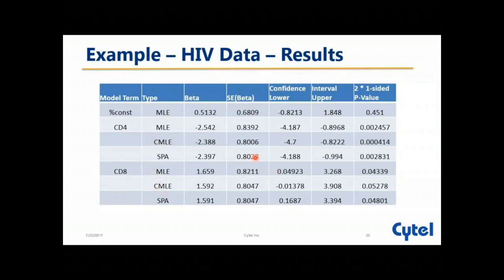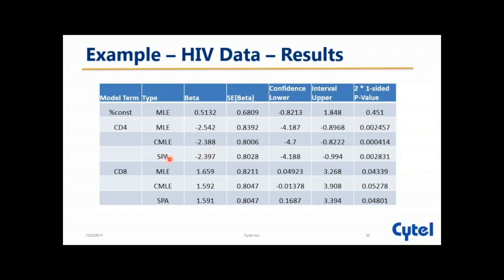Here I have compiled the output for the asymptotic method MLE, the exact method which is shown by CMLE, and the SPA method. If you look at the beta values of CD4, you will see that the exact estimate and SPA estimate are quite close. Also, the standard errors are quite close.